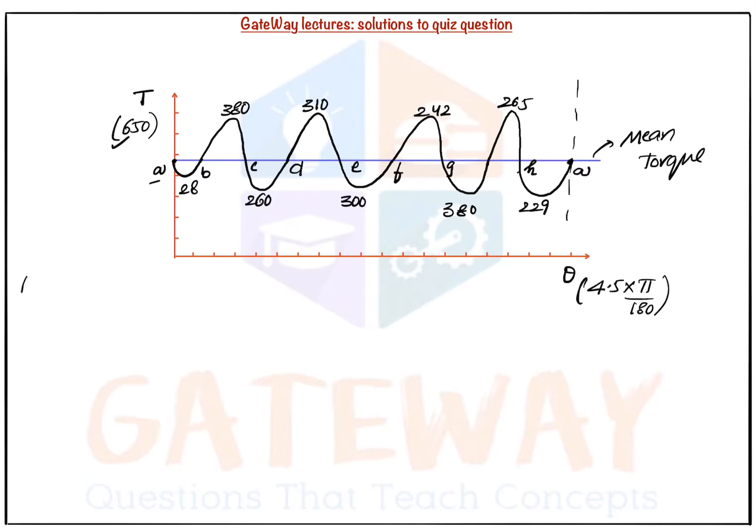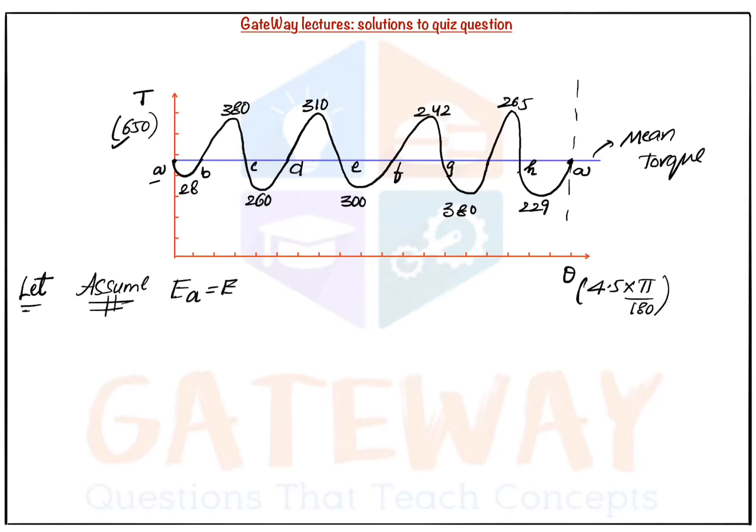The cycle ends again on the mean torque line, nothing but value A. We can assume energy at A equal to 0, or at least we can assume some value E, because even at point A it is having some torque, therefore energy is not 0. For numerical purposes we can assume it as 0 and just proceed, but generally energy at A is not equal to 0.